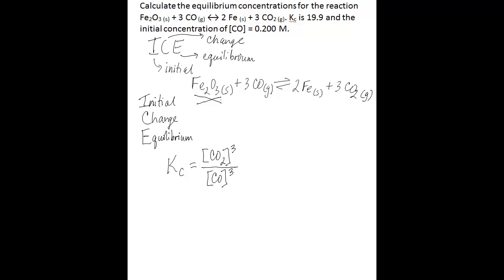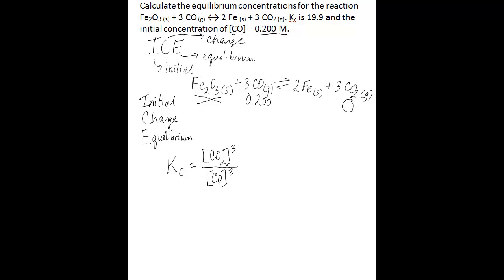You're given the initial concentration of carbon monoxide gas. So in the row for initial, under carbon monoxide gas, you're going to write 0.200. And as I already mentioned, in these problems, you know initial concentrations of reactants, but there are not yet any products present. So in terms of CO2 gas, you can write 0 for initial concentrations because none of the product has been formed yet.